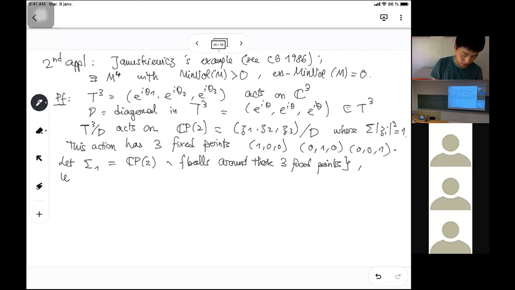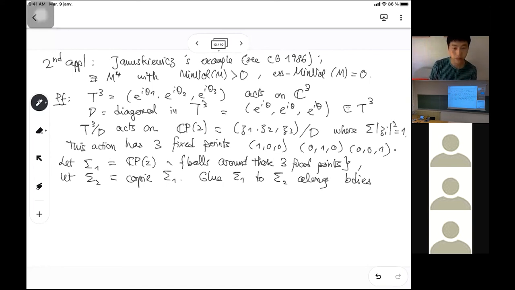And then let sigma 2 be a copy of sigma 1. You want to identify the boundary using a given diffeomorphism. So glue sigma 1 to sigma 2 along their boundaries using, for instance, in coordinates around (1,0,0), the following identification.